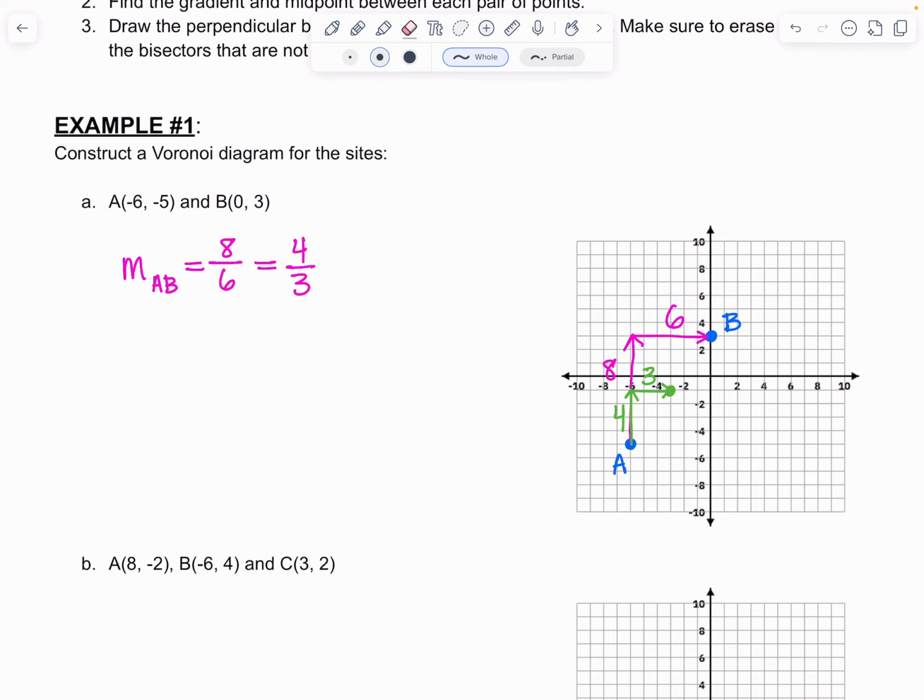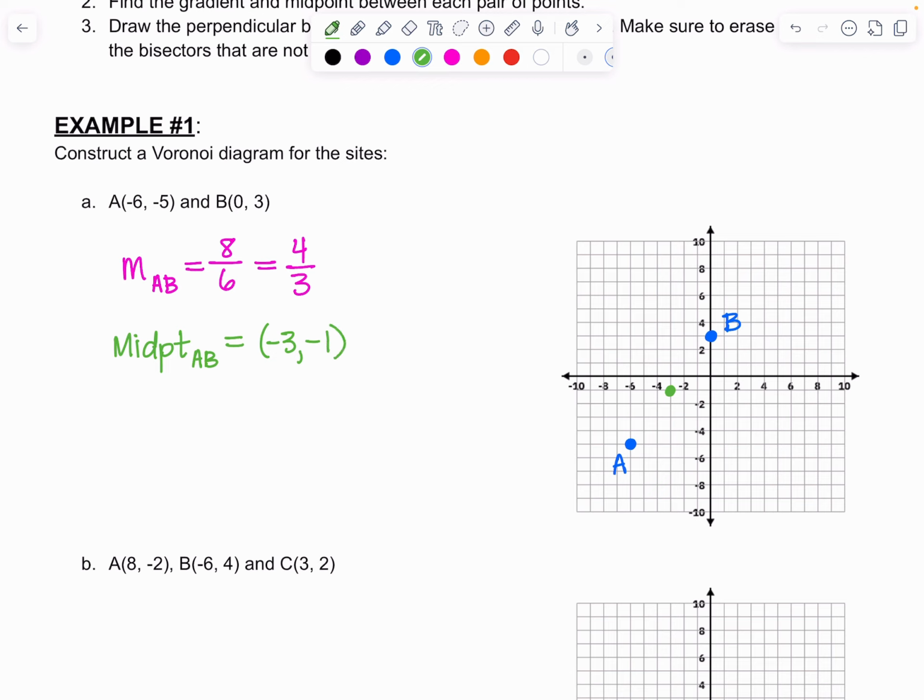So I'm basically doing half of my rise and half of my run to figure out my midpoint. All right, so my midpoint is drawn. My midpoint of AB is equal to -3, -1.